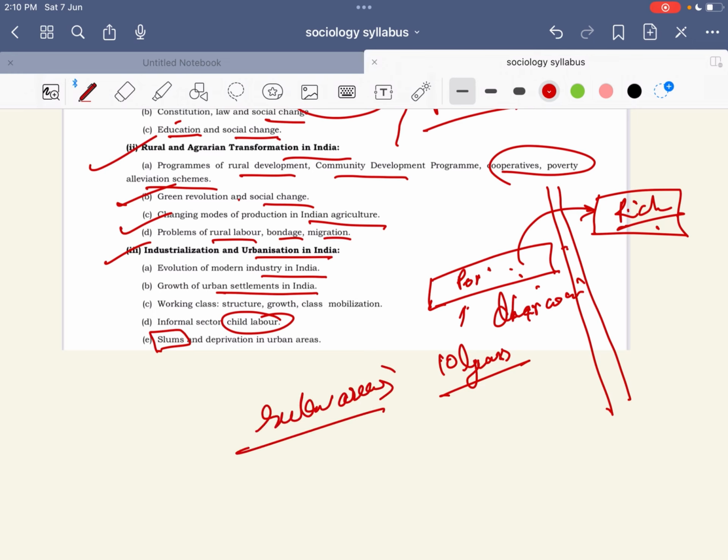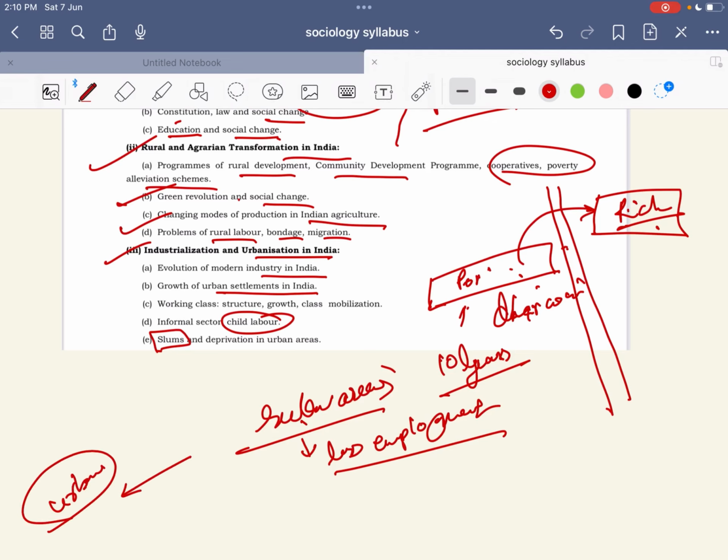There is less employment, so people migrate from rural areas to urban areas. If they migrate from a small village to Mumbai, let's say, you will find small employment in Mumbai, it is such a city.